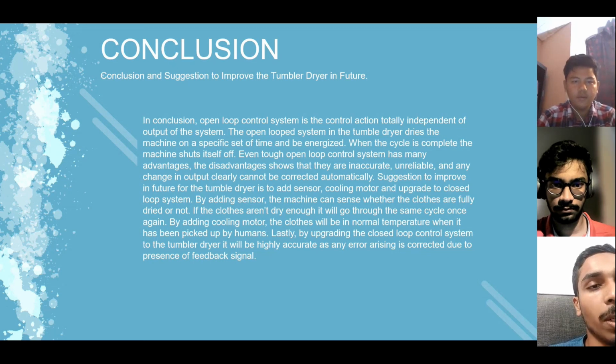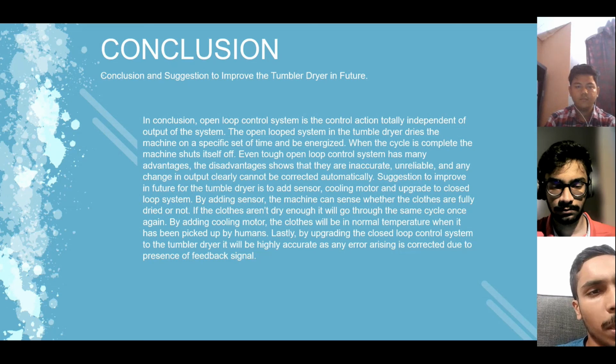By adding a cooling motor, the clothes will be at normal temperature when they are picked up by humans. Lastly, by upgrading the tumble dryer to a closed loop control system, it will be highly accurate as any error arising is corrected due to the presence of a feedback signal.